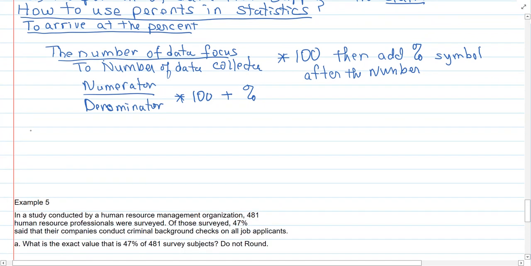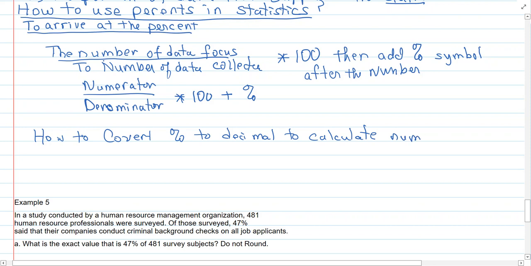And then the other thing we need to know is how to convert a percent to a decimal to calculate the number of data.